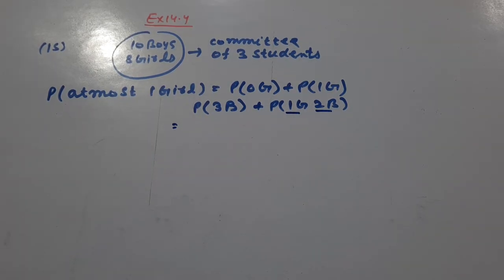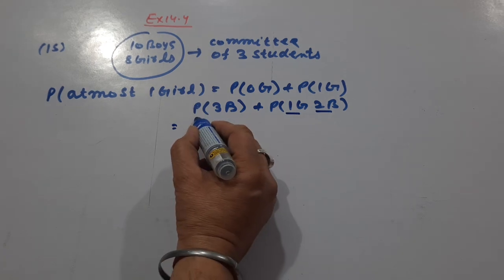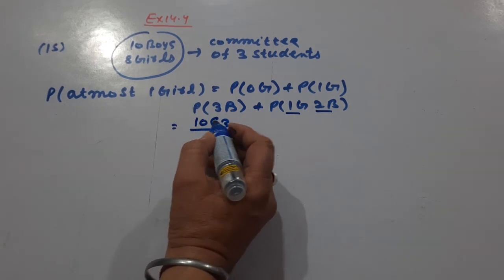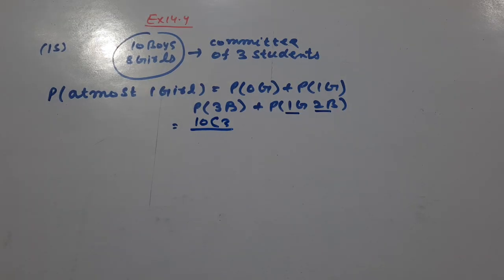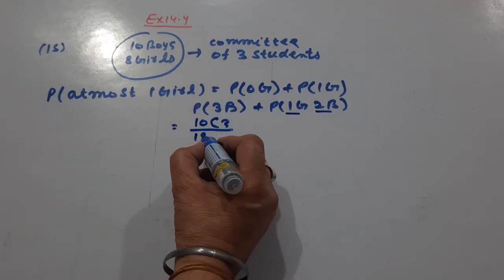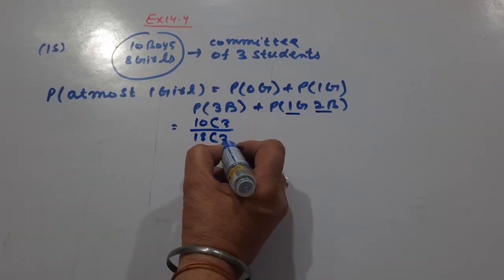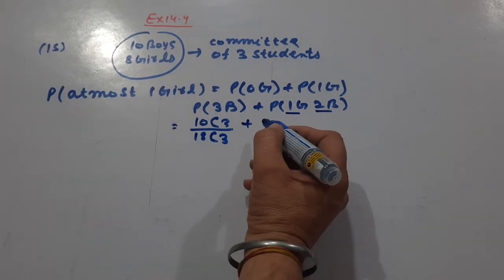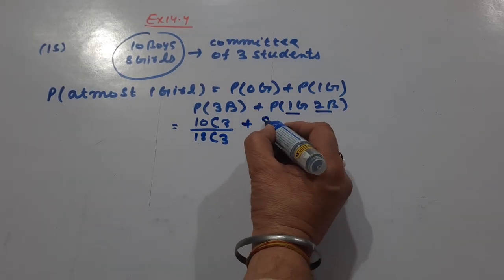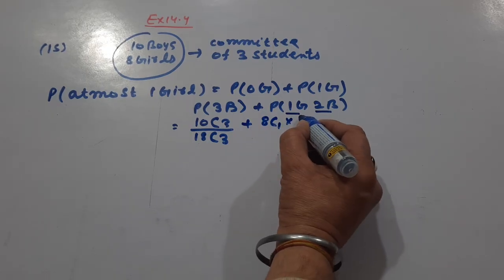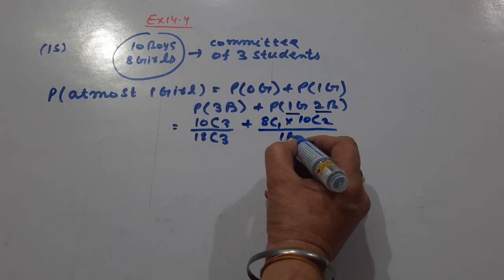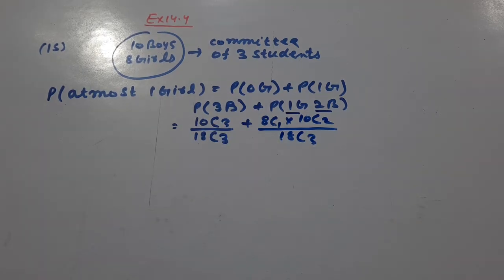Now there are 10 boys, so 3 boys can be selected out of 10 in 10C3 ways, and total students are 18, and 3 students can be selected out of 18 in 18C3 ways, plus 1 girl out of 8, 8C1, 2 boys out of 10, 10C2 upon 18C3. Right, students?